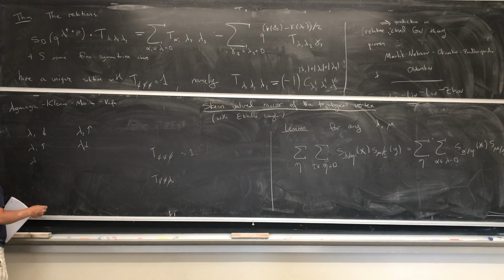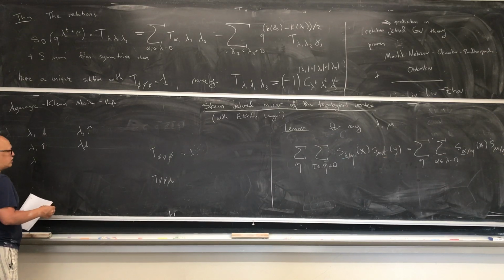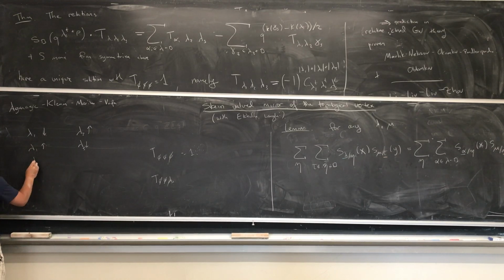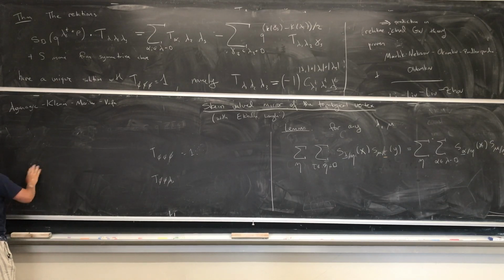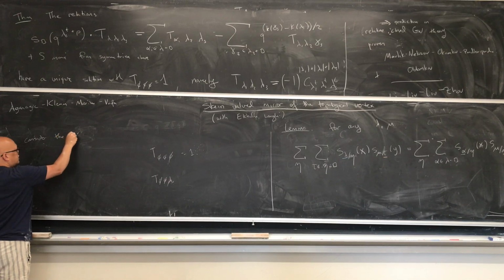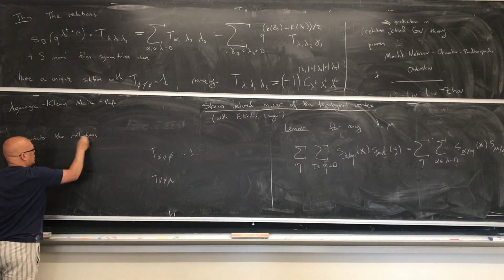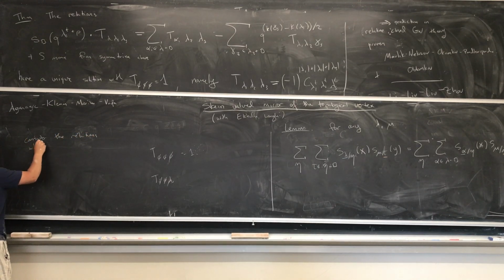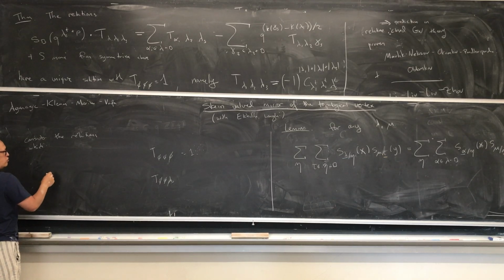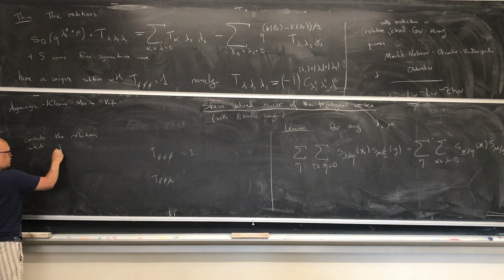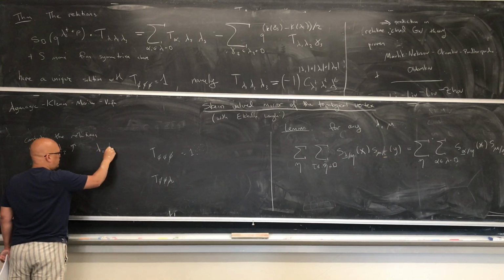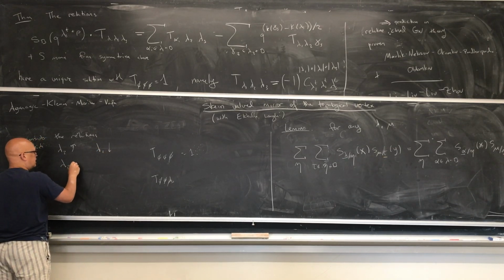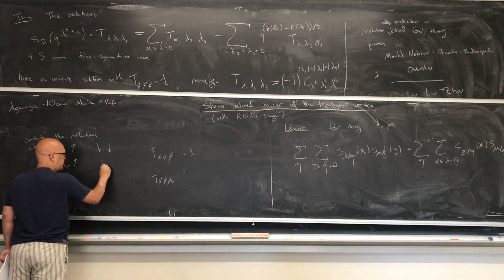What I do is I want to consider the operations which lower. So consider the relations which raise lambda 3 and lower lambda 1, or raise lambda 3 and lower lambda 2.